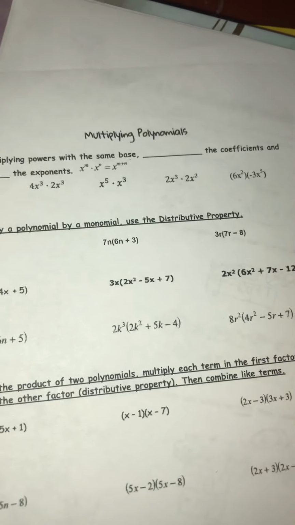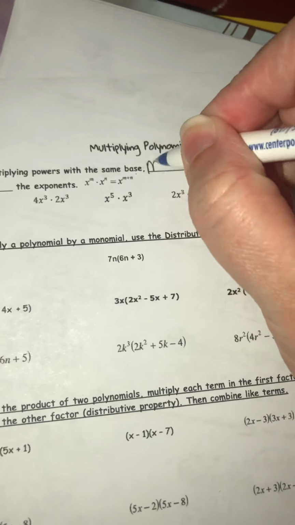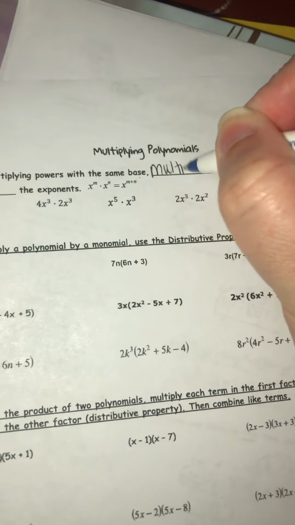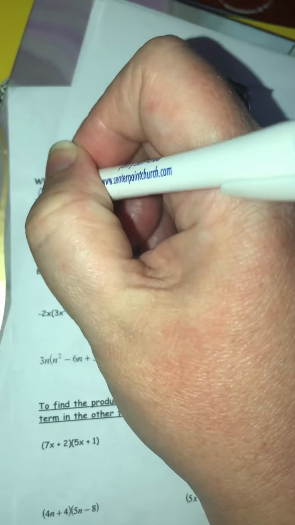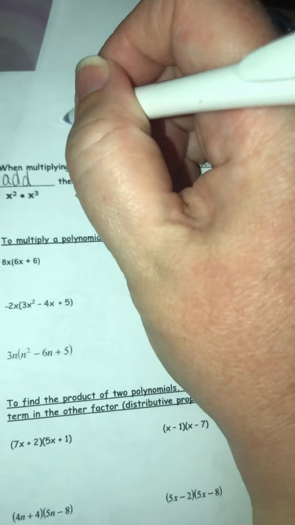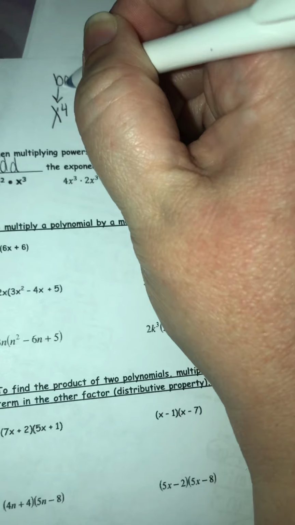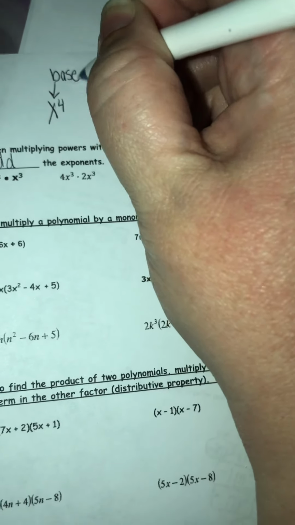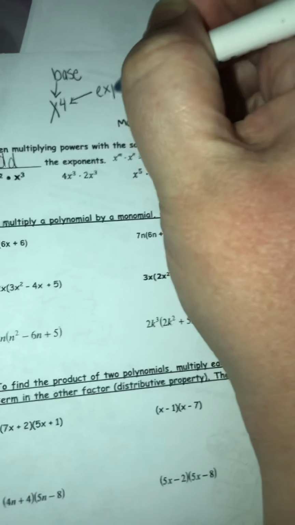You're going to multiply the coefficient, so the word multiply goes in this spot. And you're going to add the exponents. So when I have something like x to the fourth power, the x is called the base, and this right here is the exponent.